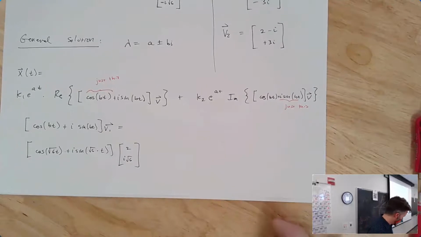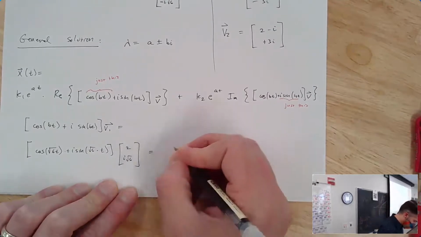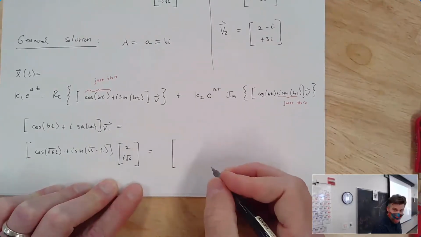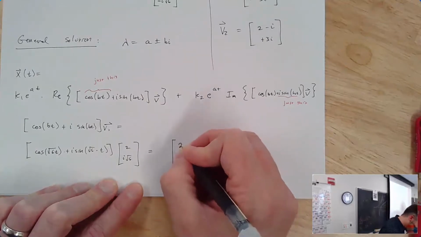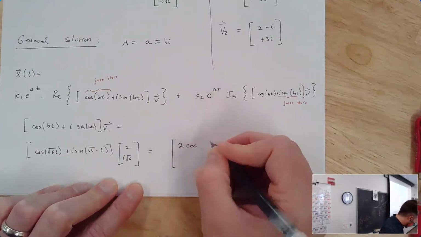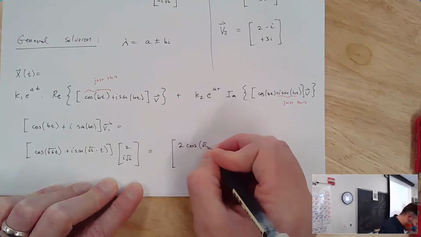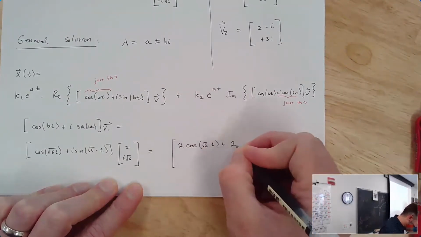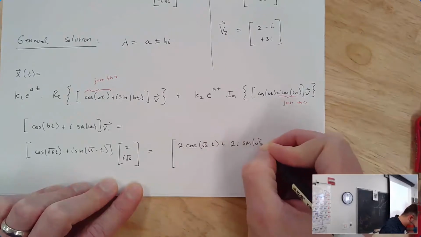So that's going to be, as a vector, 2 cosine of root 6t plus 2i sine of root 6t.